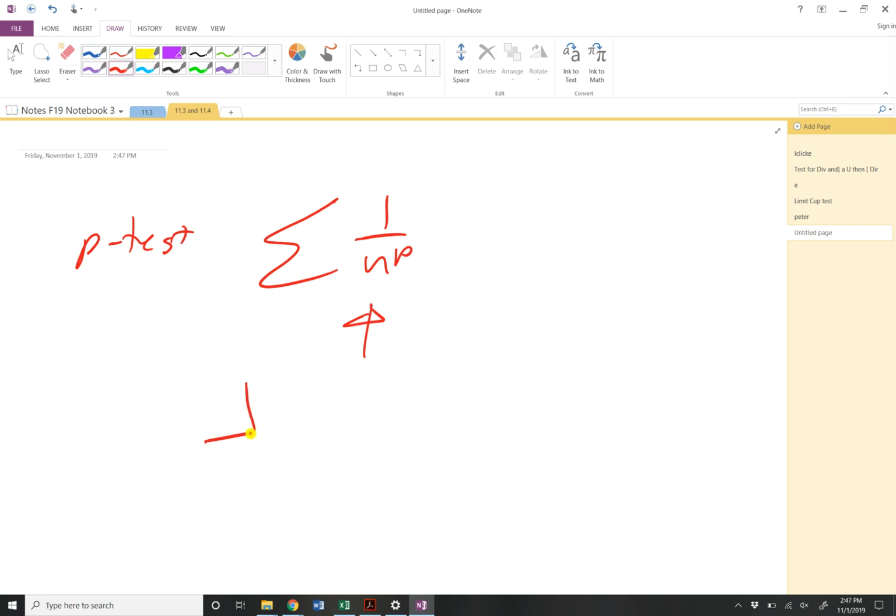Even if it was 1 over n^3 plus 1, we can't use the p-test right here in and of itself, because these are not of the same form. Here I can use the p-test. Here I've got to use a comparison or a limit comparison test. So I expect it to converge, but to show that it converges, I've got to use the limit comparison test or the comparison test to 1 over n cubed.